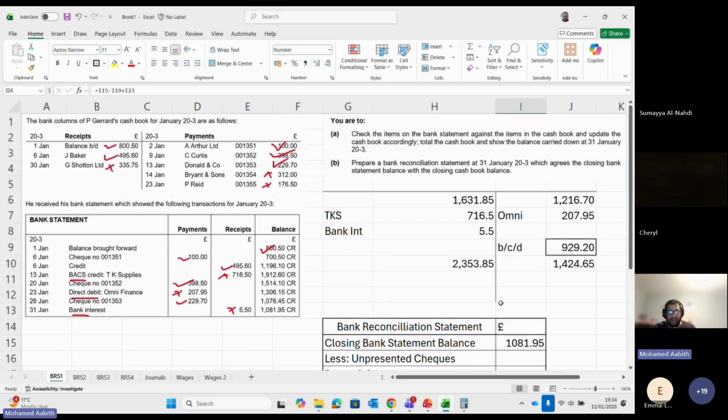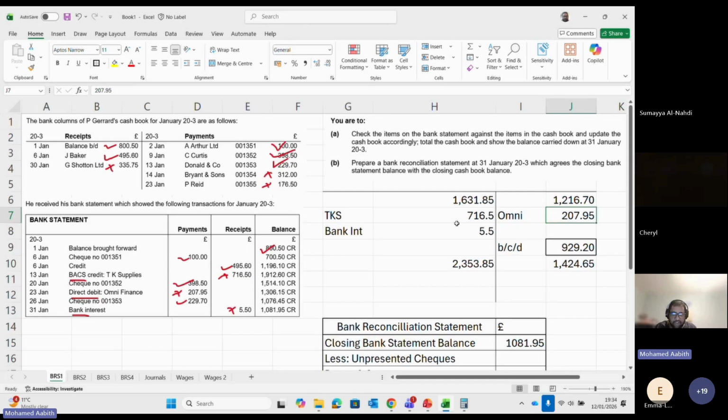Now guys, can you go back in there and trace it back again? Can you see how we are going back and forward with it? First thing is we update the cash book. This is my cash book debit side, updated with anything on my bank statement which is not yet in my cash book. These two numbers we have done. After that we have done this particular Omni Finance, which is the payment money out from there.